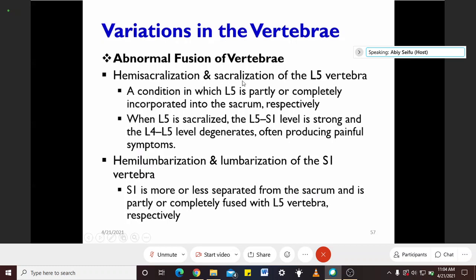In the case of sacralization, L5, the distal part of the lumbar vertebrae, is fused with the sacrum. If it is complete, it is called sacralization, and if it is partial, it is called hemisacralization.